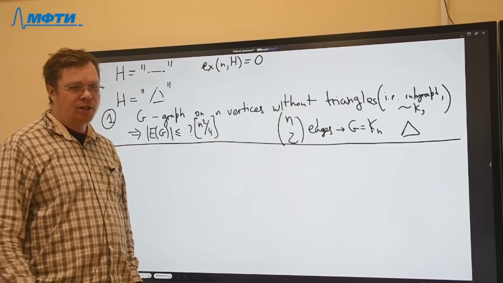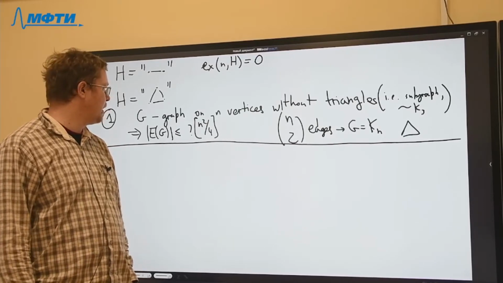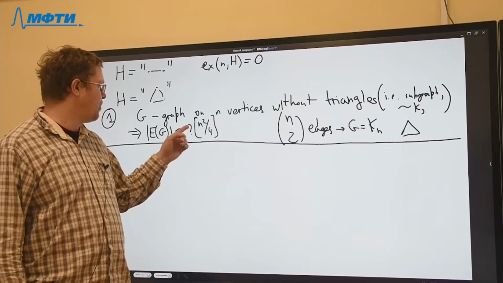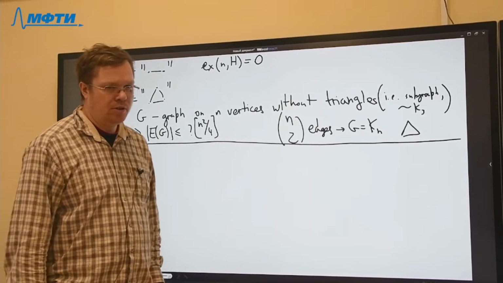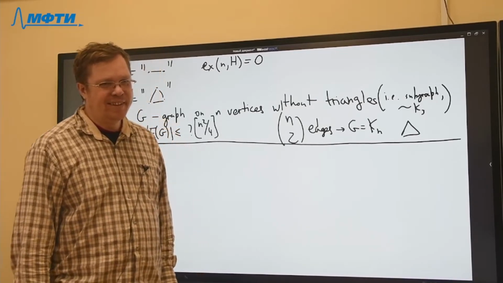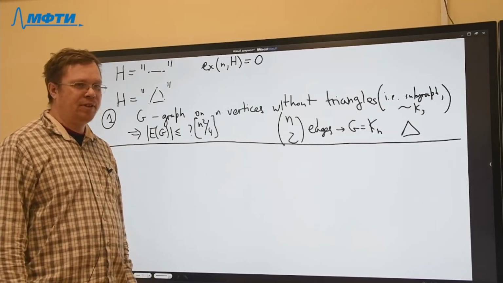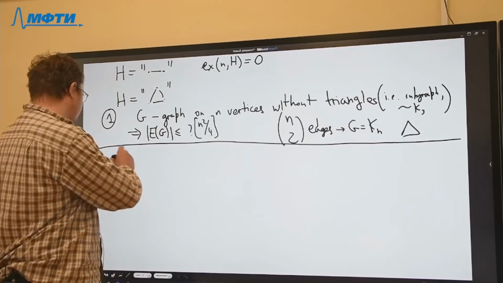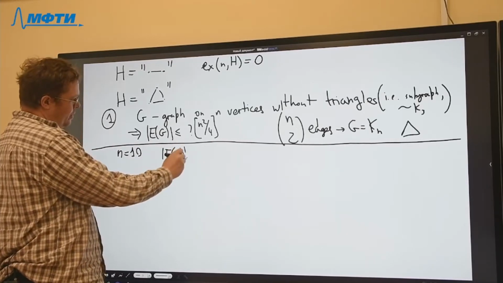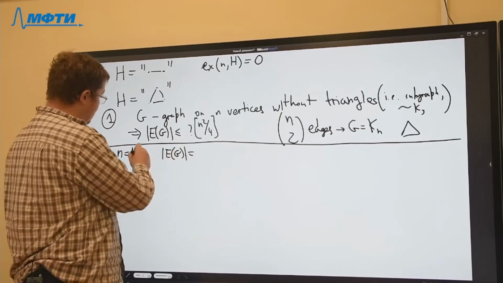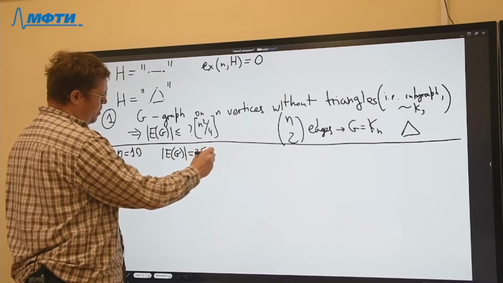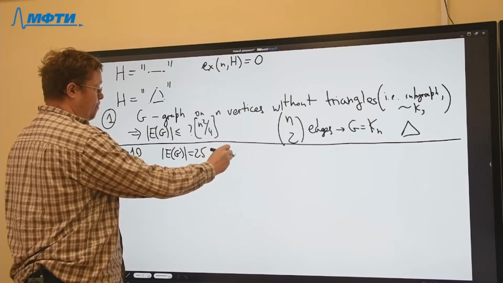So for even n, can you provide an example of a graph without triangles which has n squared over 4 edges? Can you explain what the graph is? So for example, n equal to 10. Can we construct a graph with 25 edges, 10 squared over 4, with 25 edges, without triangles?